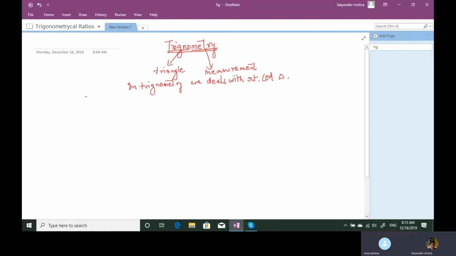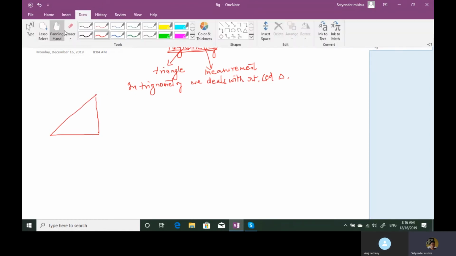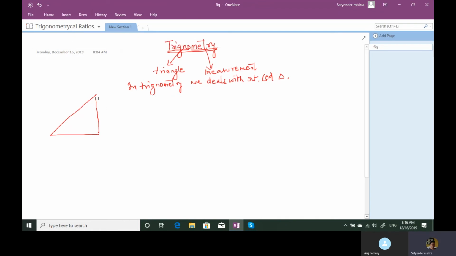So let's draw a right angle triangle here. This is a right angle triangle.